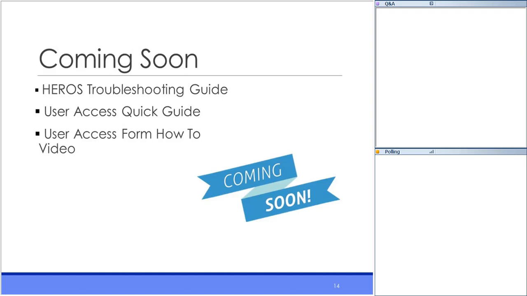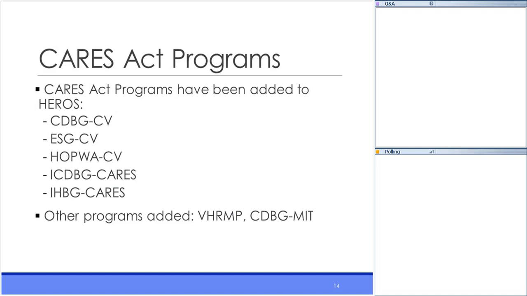So we'll have some good resources coming out, particularly for those requesting access to HEROS. So if you are a responsible entity user and you know that you'll have consultants or partners trying to access the system, these will be very helpful tools.